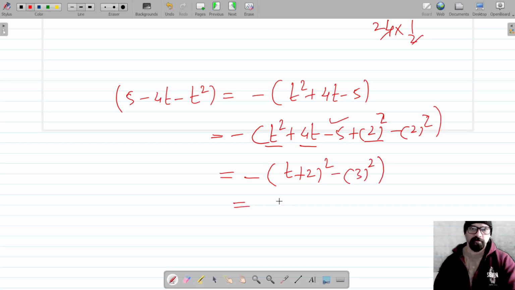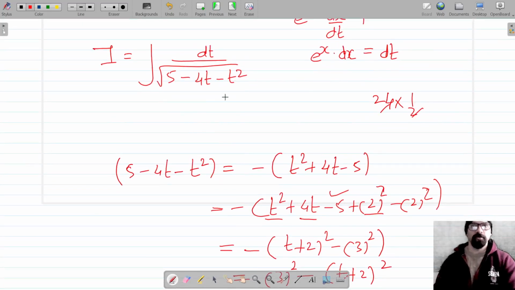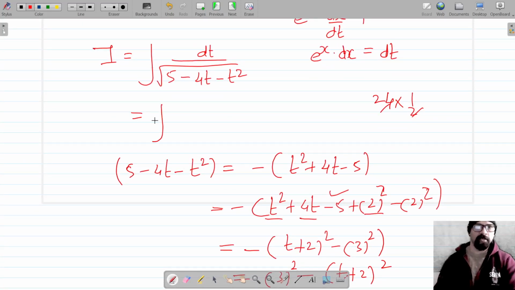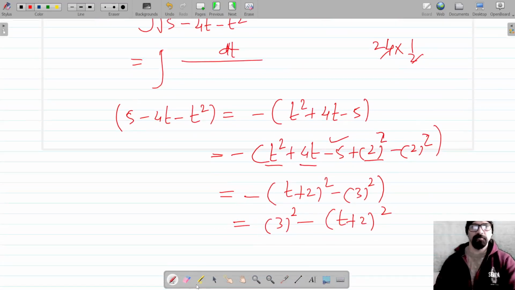And so now this is a square minus b square. Instead of this, I can write dt over under root 3 squared minus t plus 2 the whole square.